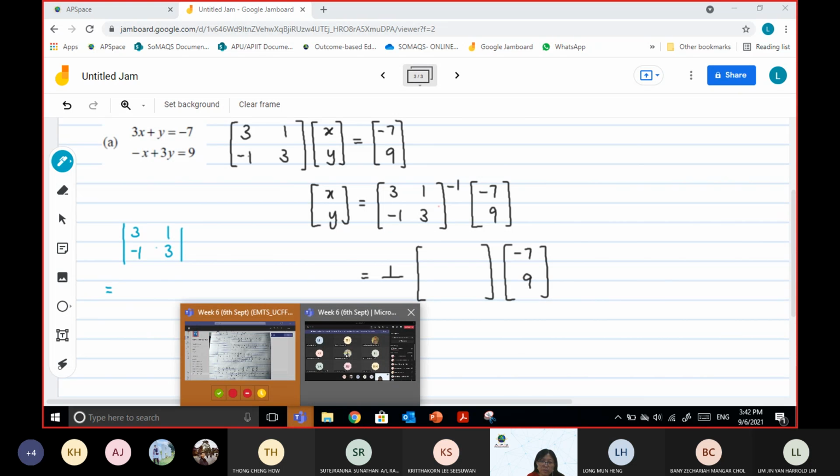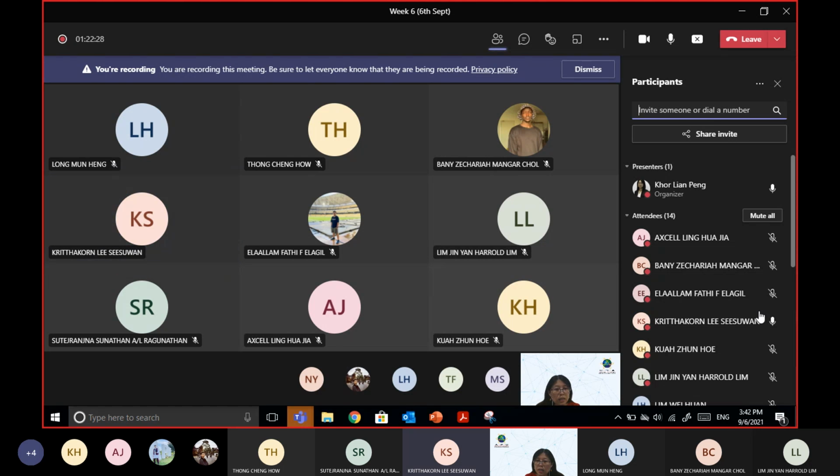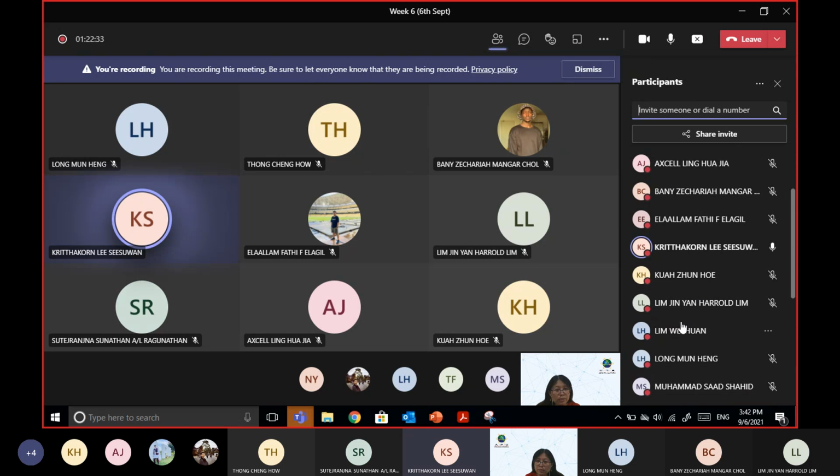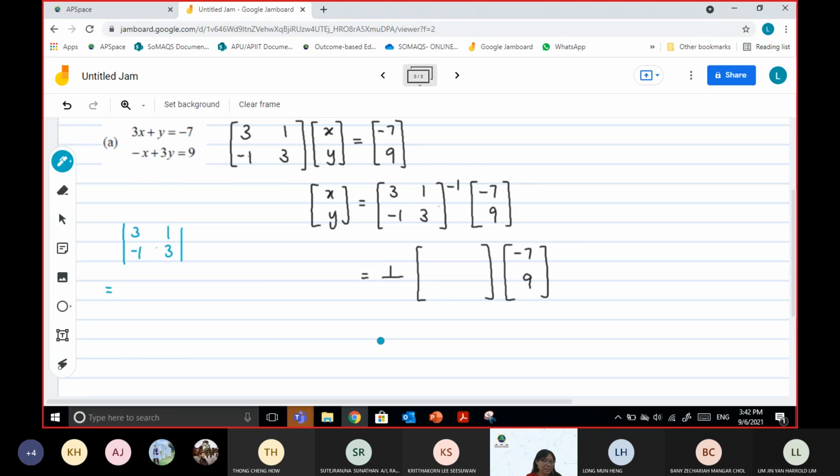Can I have the determinant from Wayne? Wei Huan, what is the determinant? Negative 31. I don't think so. Can you see, 3 times 3 is 9, minus negative 1, so it's 10, correct. So it's 1 over 10.